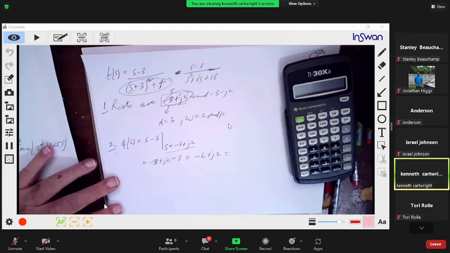Now we find the magnitude of this. This is what we find the magnitude of. What's the magnitude of -6 plus j2? What's the magnitude of that?